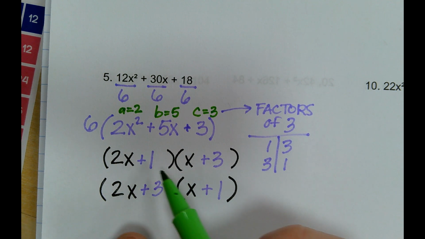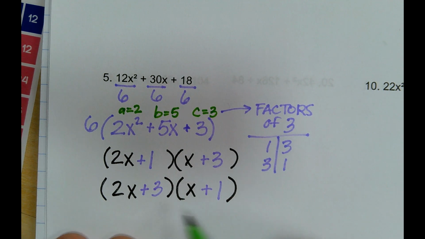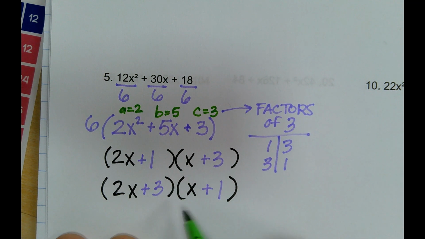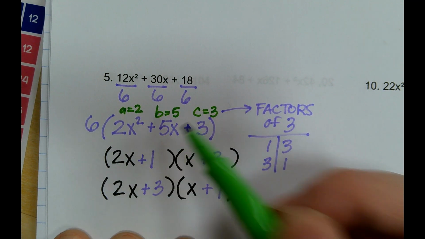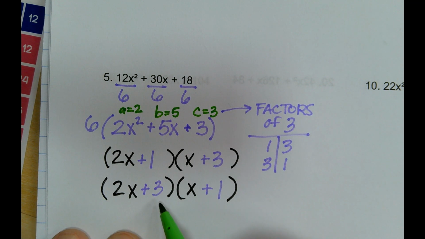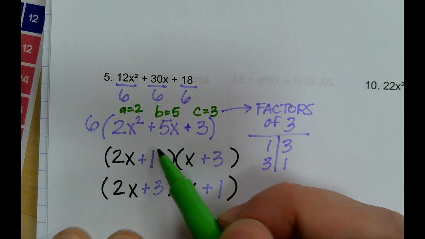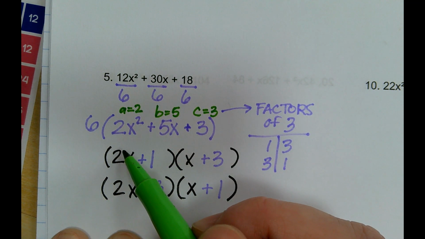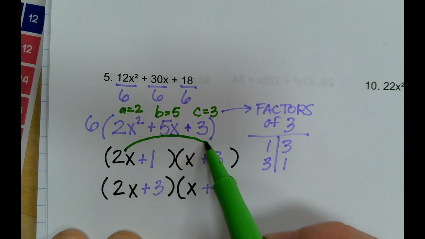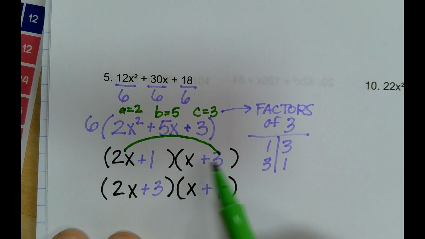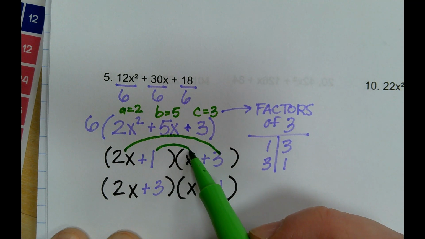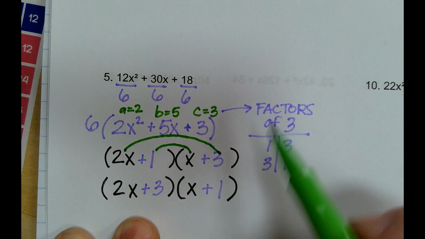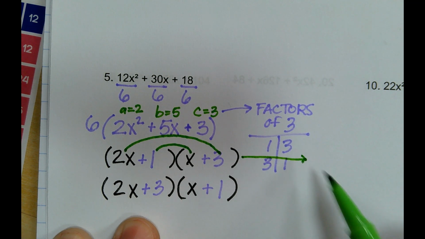So what we need to do is figure out which of these is going to give us the middle term of 5x. And to figure that out, this is what we'll do. We're going to make a rainbow. Okay? I'm going to connect my last and my first term here. And I'm going to connect my middle terms. Okay.